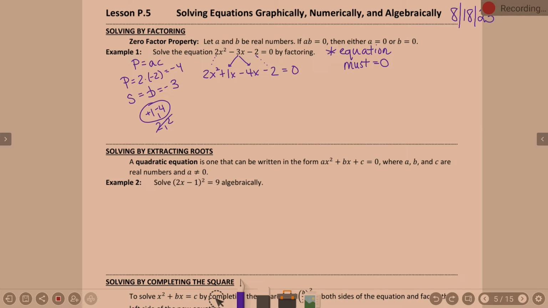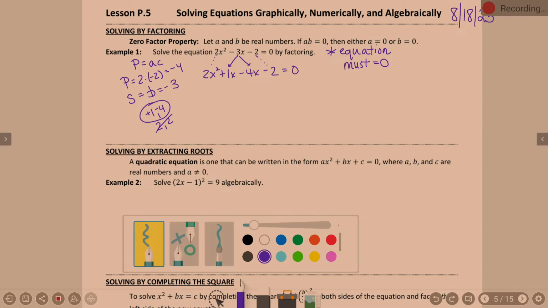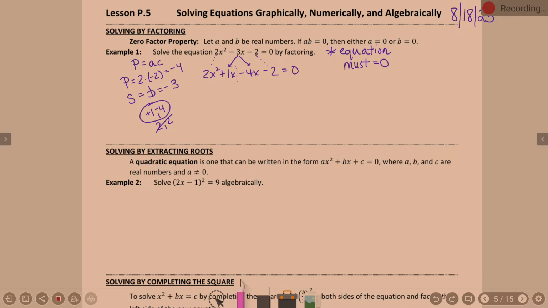We've got 4 terms, so we're going to split it in half. What's the GCF of the first half, 2x squared plus 1x? They both have an x. No number though this time. So if you factor out x, 2x squared divided by x is going to be 2x, plus 1x divided by x is 1.